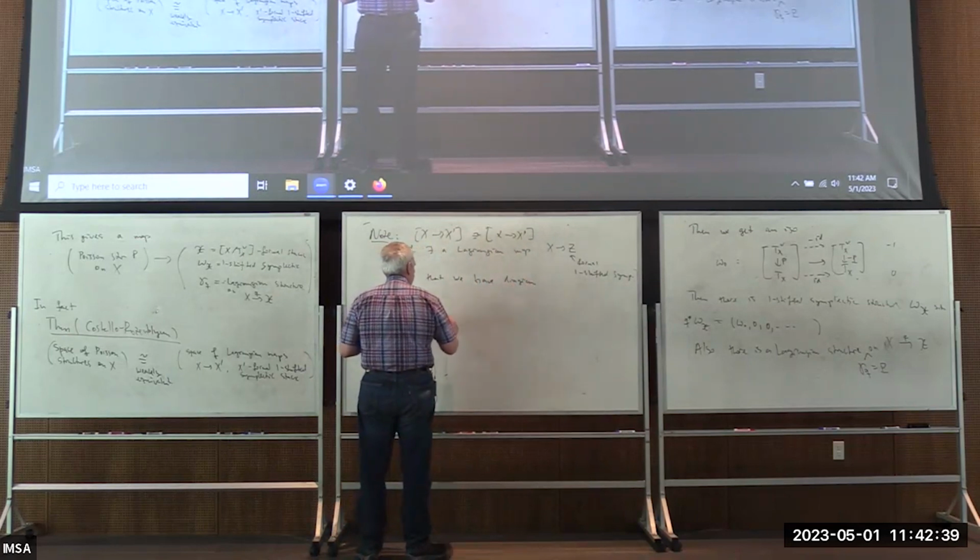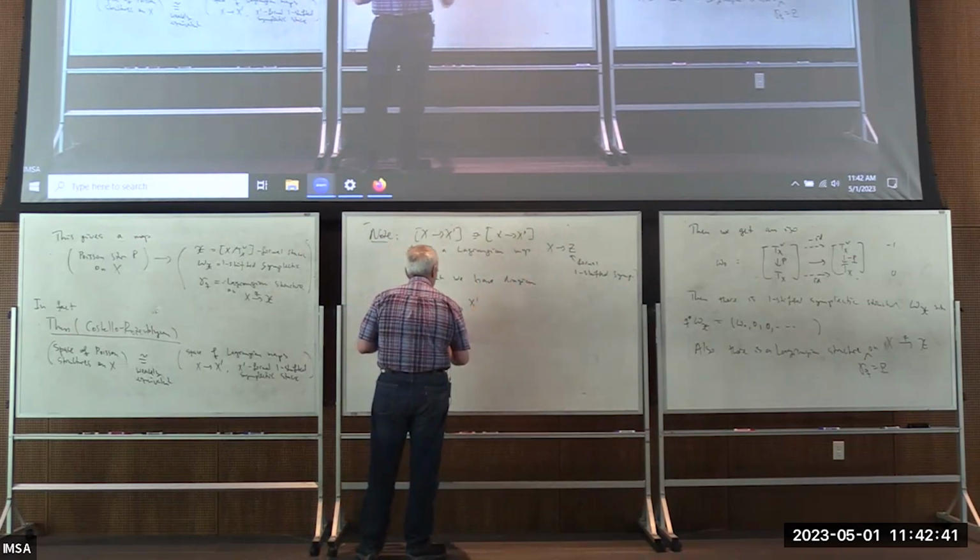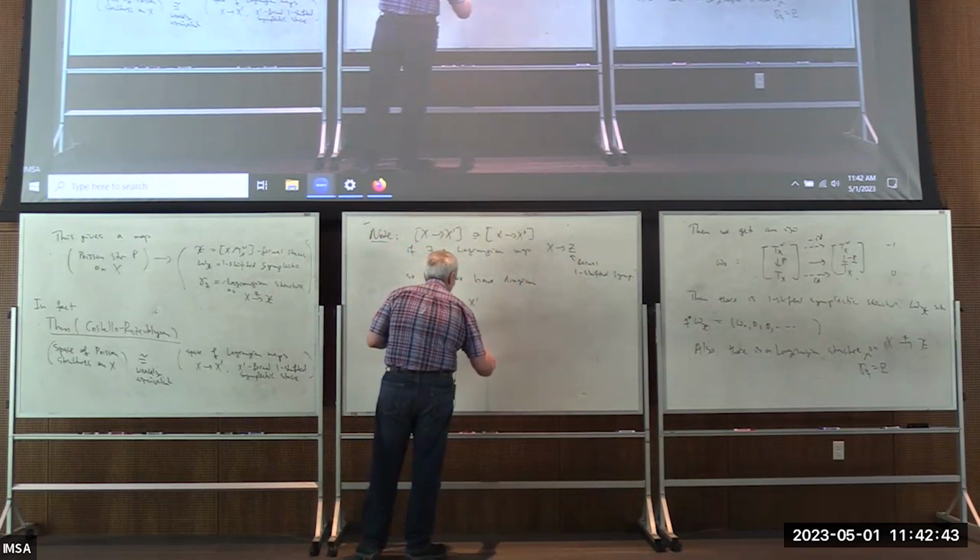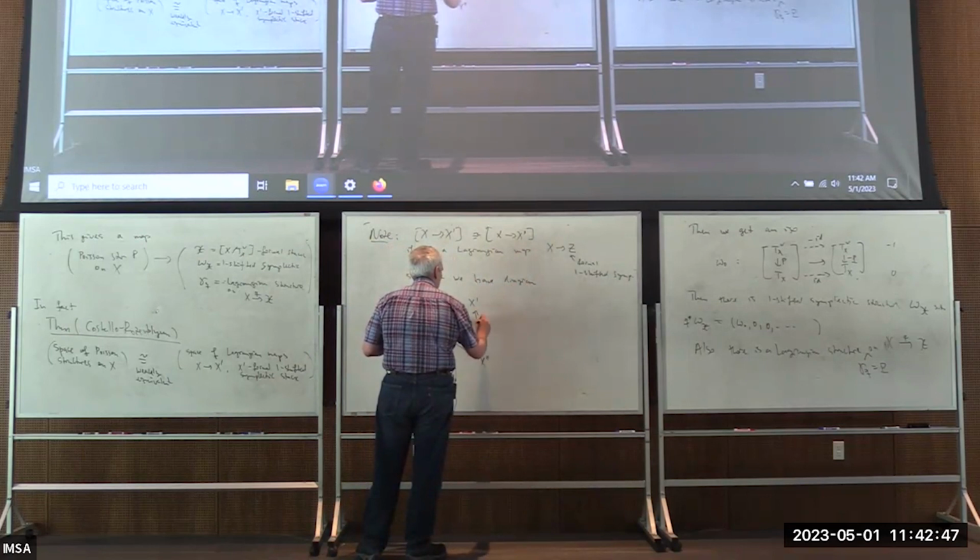So we have X mapping to X prime, mapping to X double prime, and Z maps to both of these.